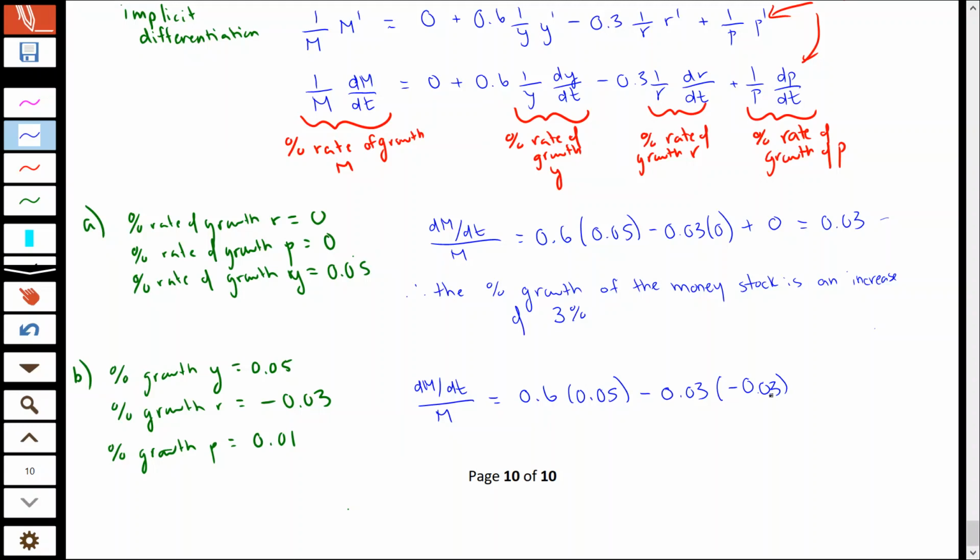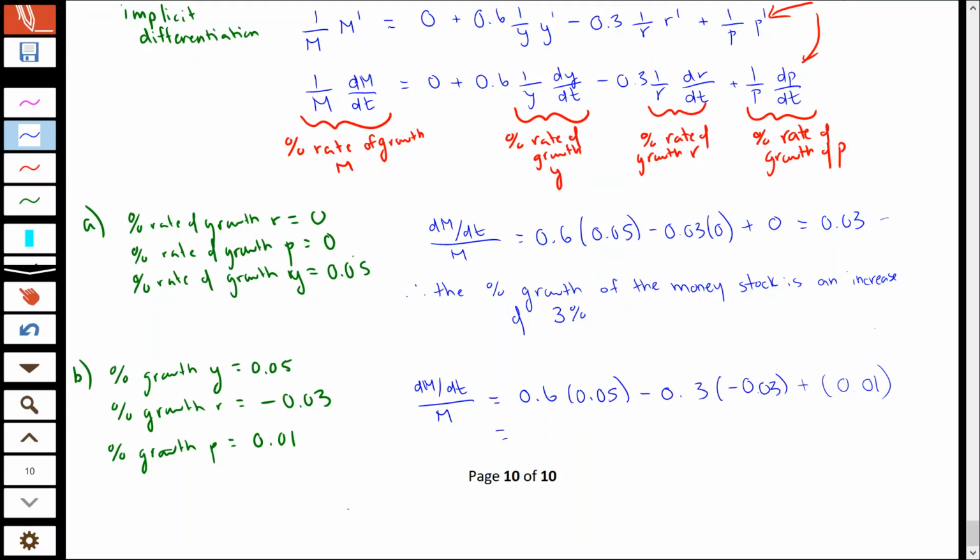Oops, I put an extra 0 in that first one. And then the percentage growth rate of P doesn't have a coefficient, so I'm just putting that 0.01 there. And you can see that it really doesn't matter what numbers they give you. You can always handle putting them into this equation.